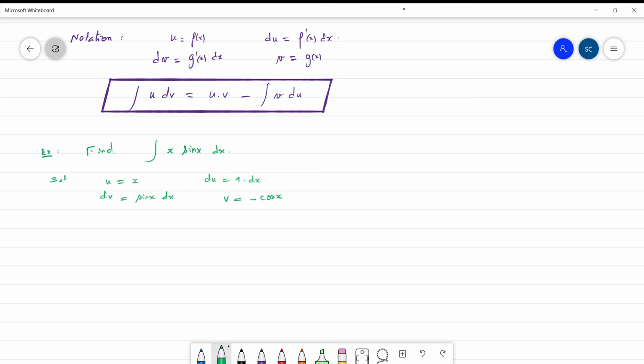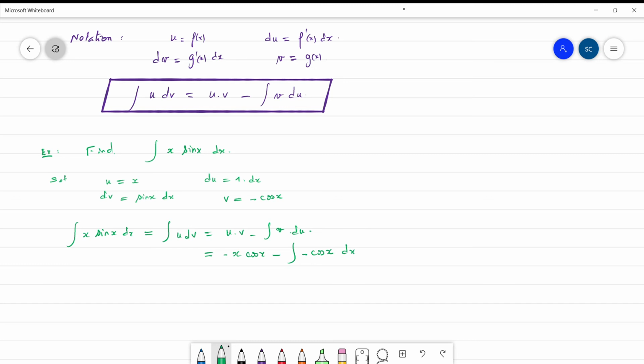Let's use the notation. The integral of u dv is uv minus the integral of v du. I prefer to write it each time so that I don't make mistakes. So u times v is minus x cosine x, minus the integral of v du, which is minus cosine x times 1 dx.